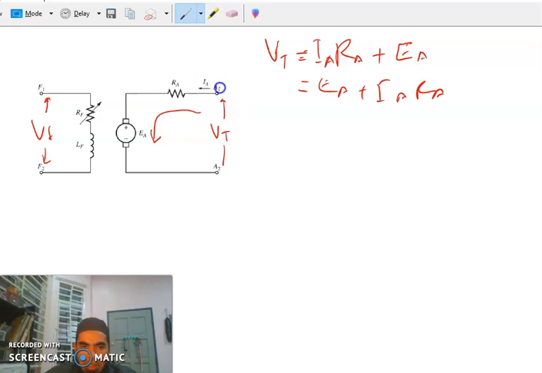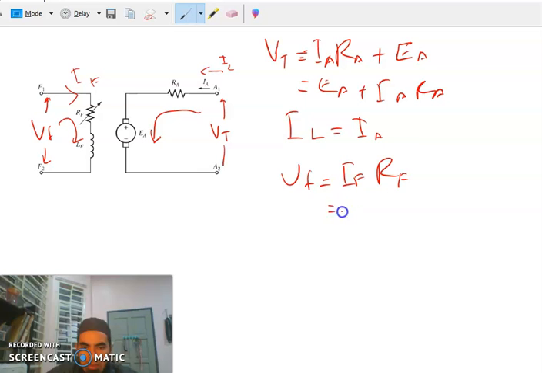And then what else do we have here? We have IA and IL flowing through the same line, so IL is equal to IA. Then the second loop: VF is equal to IF times RF, or we can reshuffle, IF is equal to VF over RF.